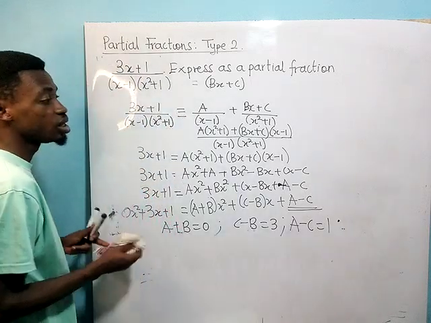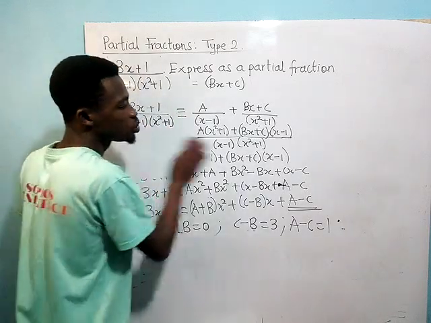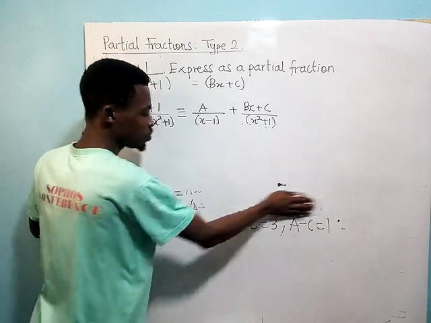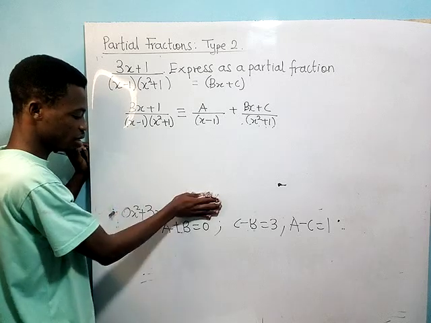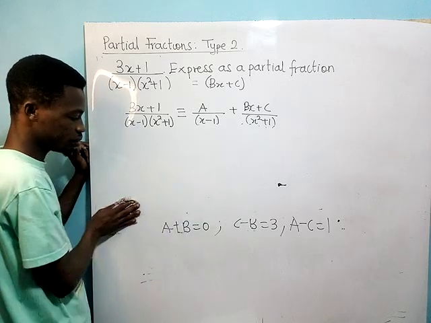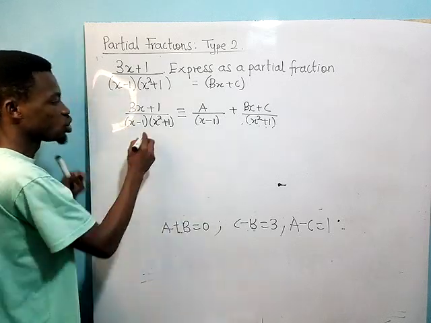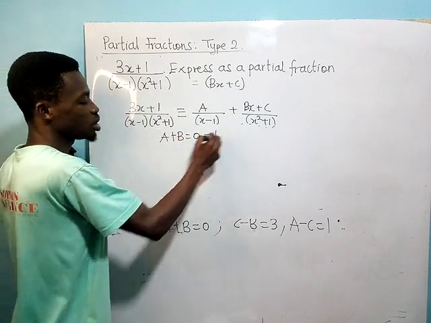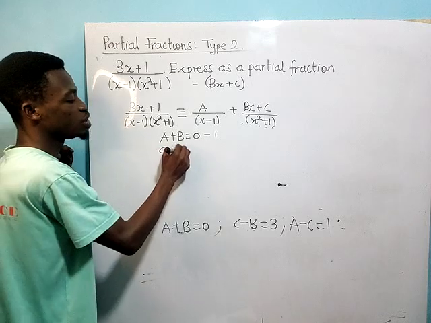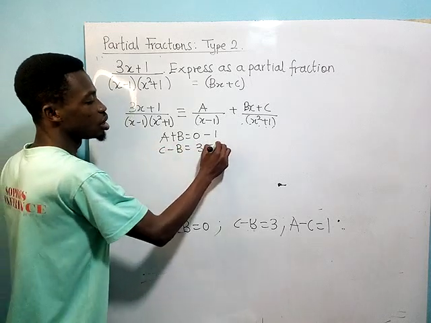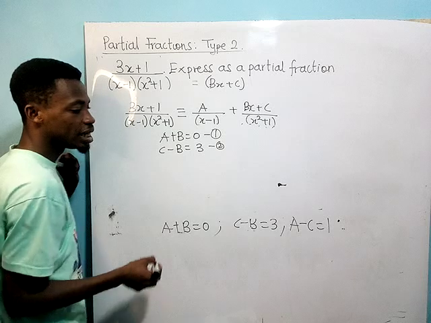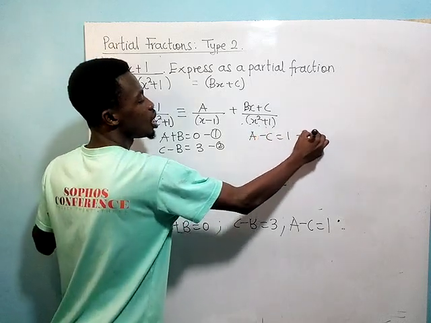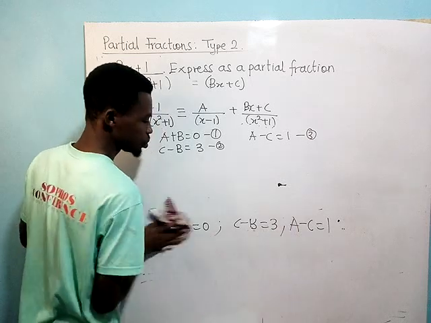Now we are going to use simultaneous equations to solve for our missing values. So we have A + b = 0, equation 1. c − b = 3, our equation 2. Then A − c = 1, our equation 3.